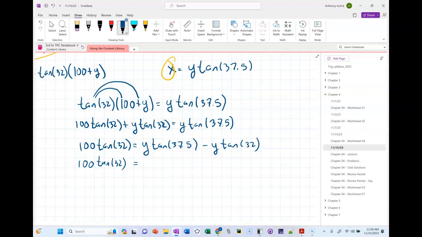Well, kind of, but let's factor that y off. What would I have left if I factor a y off there? I'd have tan 37.5 and then minus tan 32.